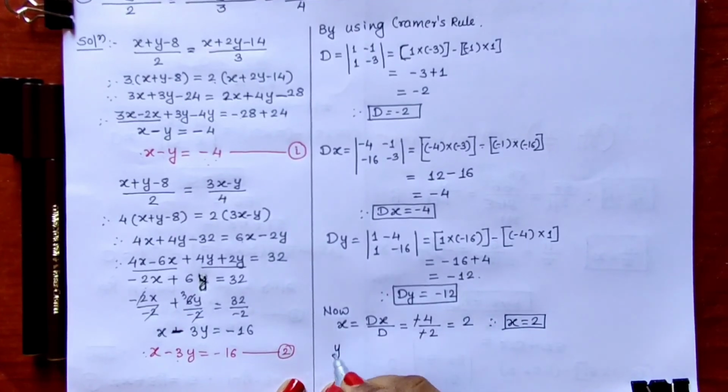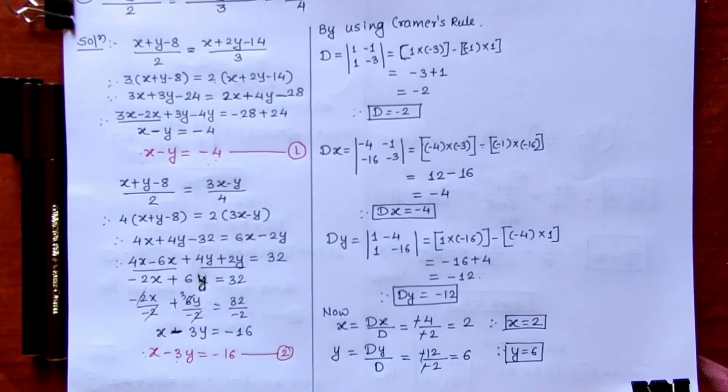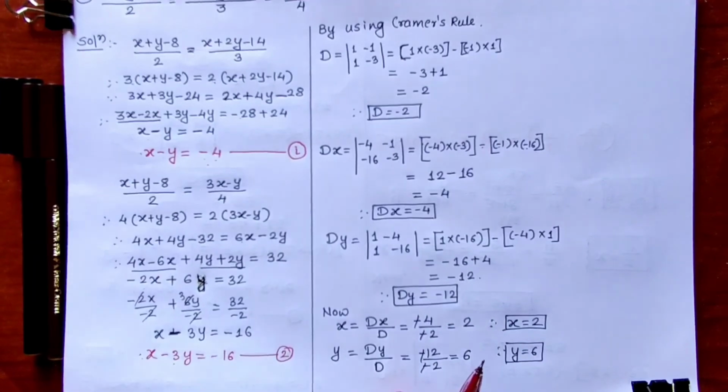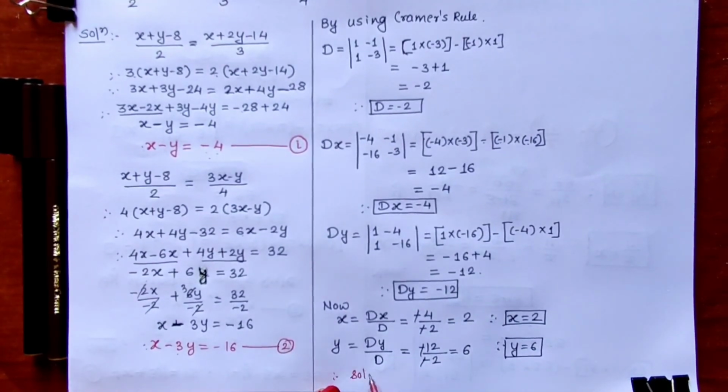Now get y, that is Dy upon D, which is equal to minus 12 upon minus 2. Again minus minus cancel, we get 2 6s are 12. Therefore y is equal to 6, and hence the solution is, I will be writing here, xy is equal to 2, 6.